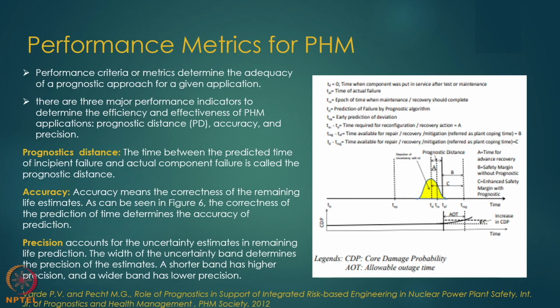Other things are precision and accuracy, which as usual have their own conditions, but you have to understand prognostic distance: the time between the prediction and the time at which the component has failed. The time gap between these two events is called prognostic distance.